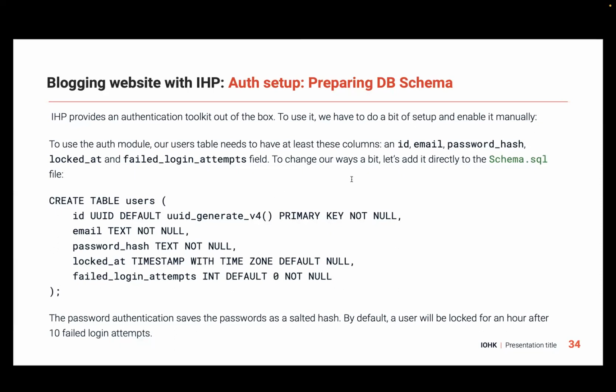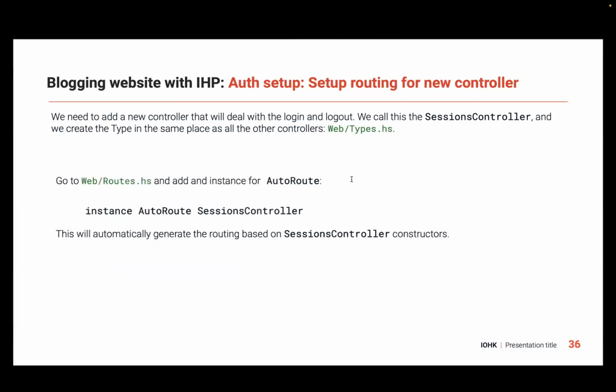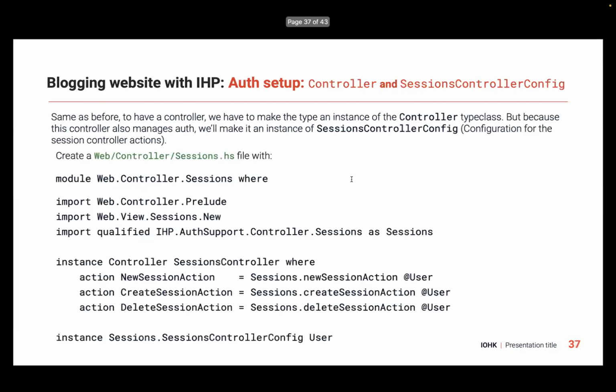Then we create this table. We prepare the types. And yes, this might take 2 more hours to go over the rest of the lecture. I think I might have prepared too much for just 4 hours.